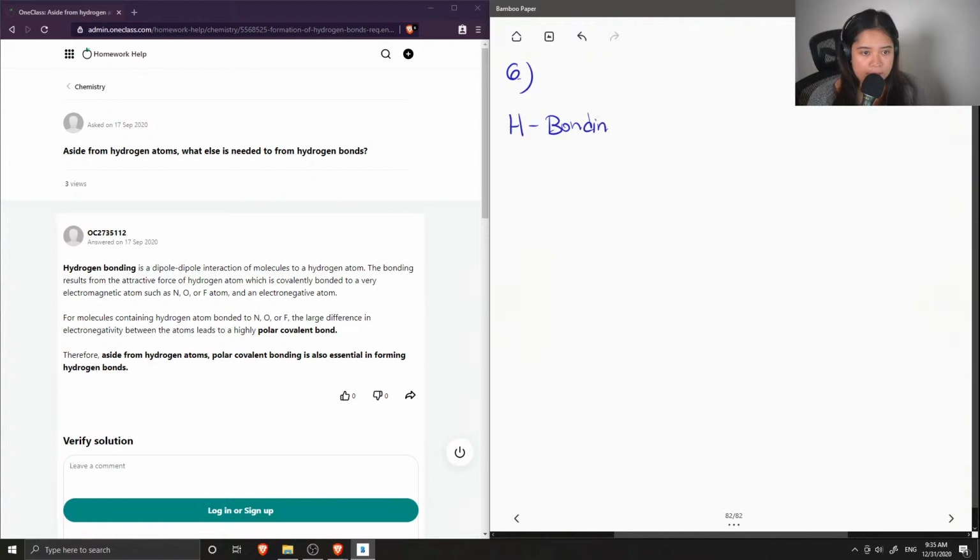So when you have hydrogen bonding, we also need a hydrogen atom that is attached to an electronegative atom.